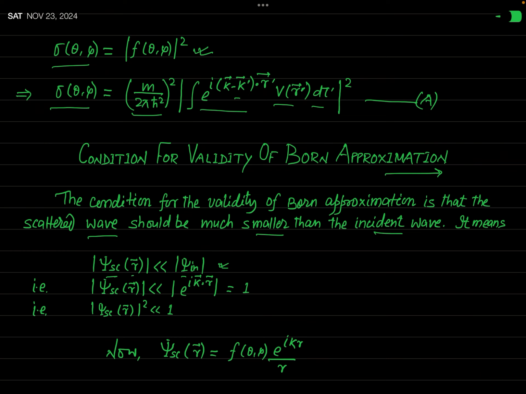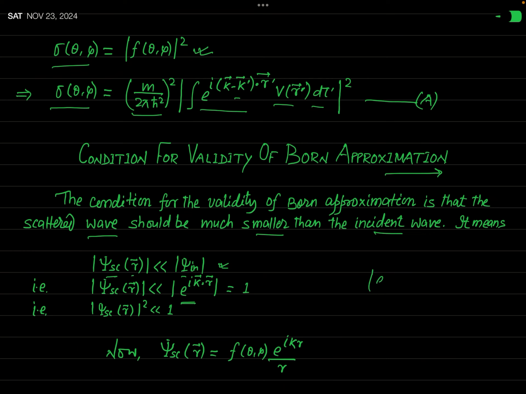But you know that the wave function of the incident wave is e to the power i k dot r. It is simply a plane wave. So this condition may be expressed as the modulus of psi Sc must be much smaller than the modulus of e to the power i k dot r.